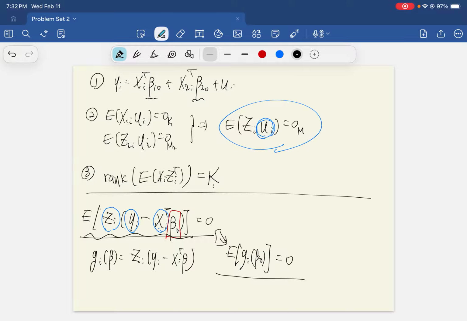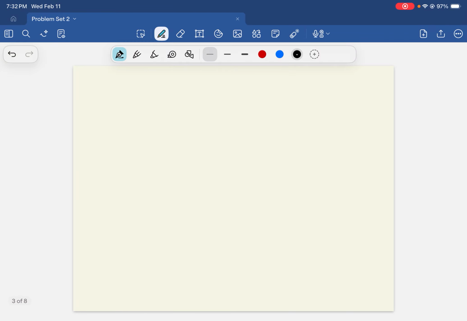If it is unique, we can identify beta 0, but if there is more than one solution to these moment conditions, there could be observationally equivalent parameter values, so identification fails. That's why we are looking at uniqueness.